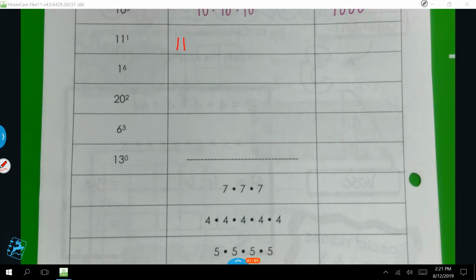I don't think that's right, though. I can't see. Yeah, that's right. Yeah, good job. Alright.